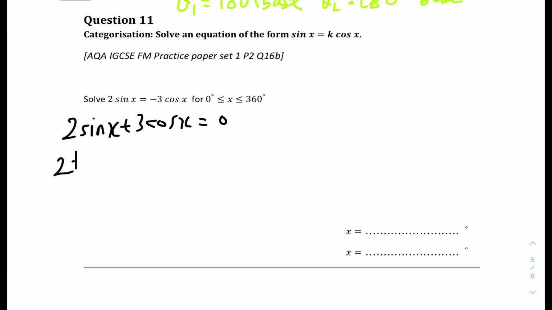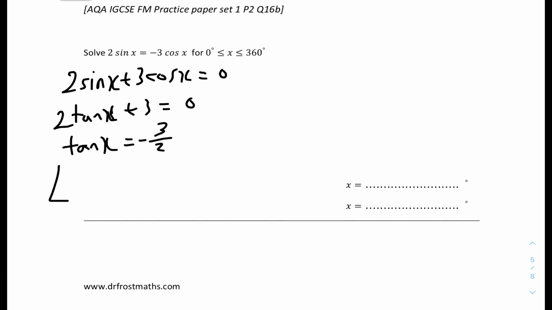So it would be 2 tan x plus 3 equals 0. Make tan the subject to get tan x equals minus 3 over 2. And then you just do tan inverse to both sides. So the base answer will be tan inverse 3 over 2, which is 56.3 degrees.